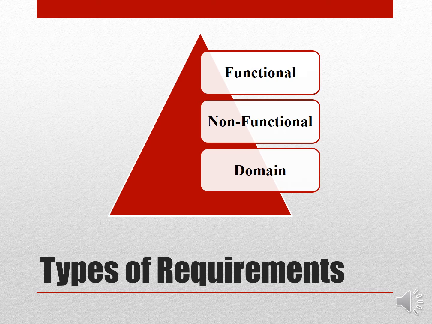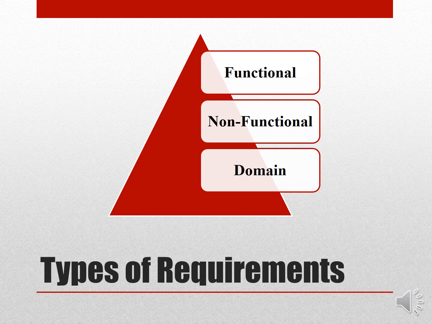That is basically the definition of the requirement. A condition or a capability that must be met or possessed by a system or software component to satisfy a contract, standard, specification, or other formally imposed documents.